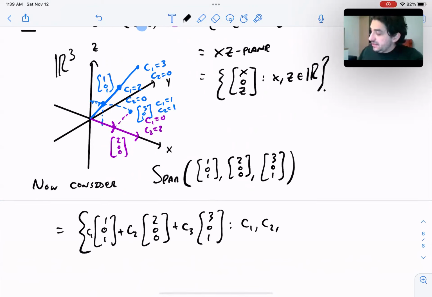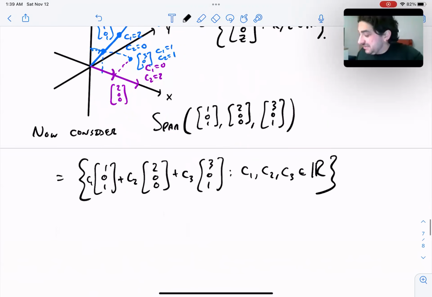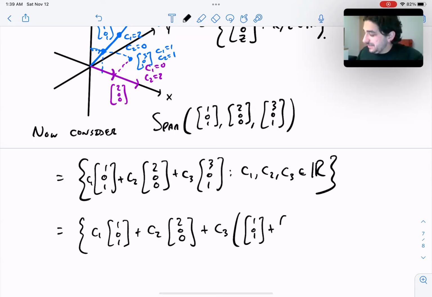Okay, well, it looks like I have more than before, if you just look at the notation. Now I'm adding up three vectors instead of just two. But this (3, 0, 1), we've seen that before. That was just a linear combination of the first two. (3, 0, 1) is just (1, 0, 1) plus (2, 0, 0).